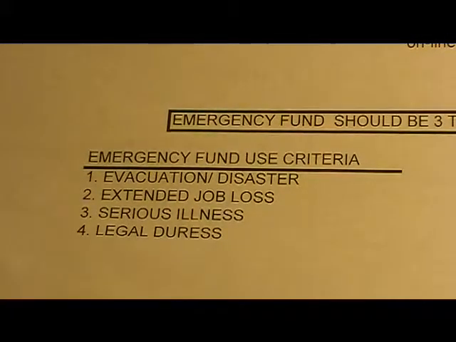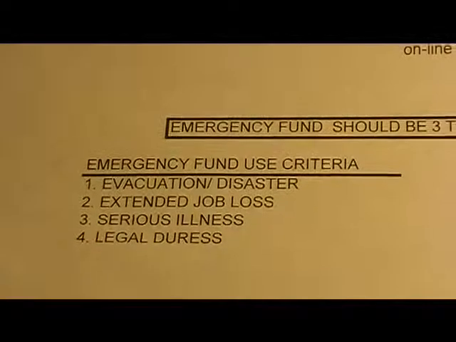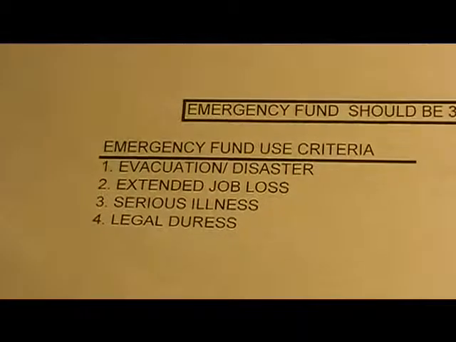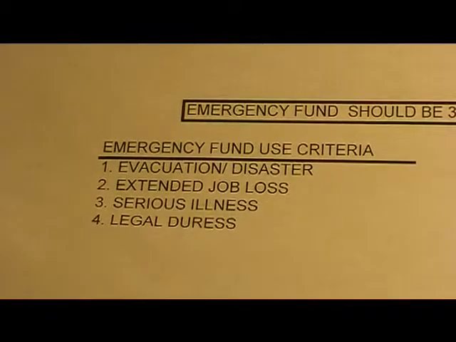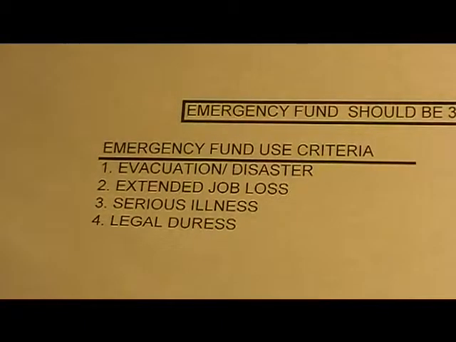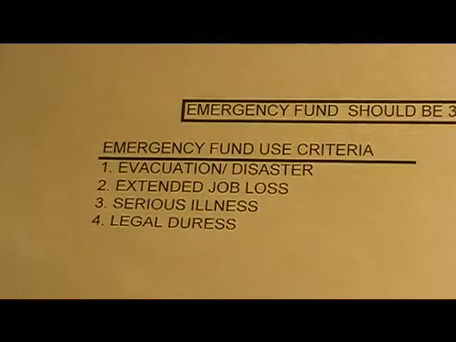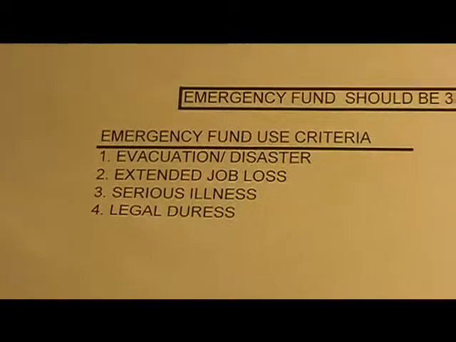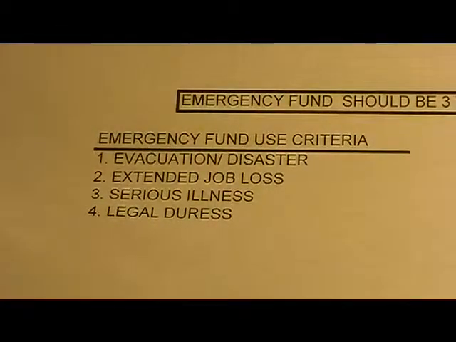I like to keep the number of potential uses for it as minimal as possible. That will lessen the likelihood of you having to dip into it, let's say to get your car repaired, and then lose your job, or have to be evacuated, or get seriously ill, or find yourself in legal duress and then have no money to fulfill those needs.